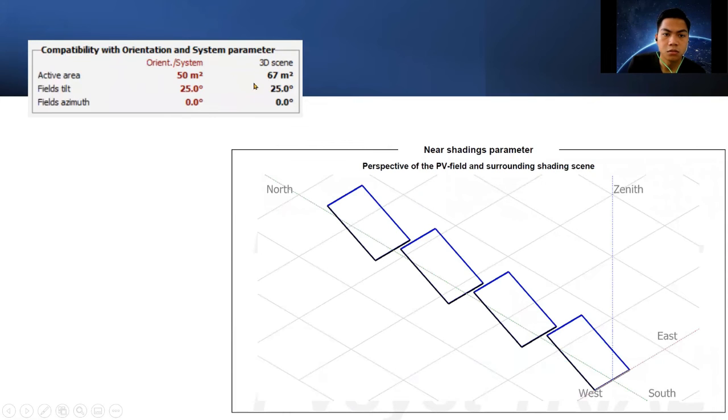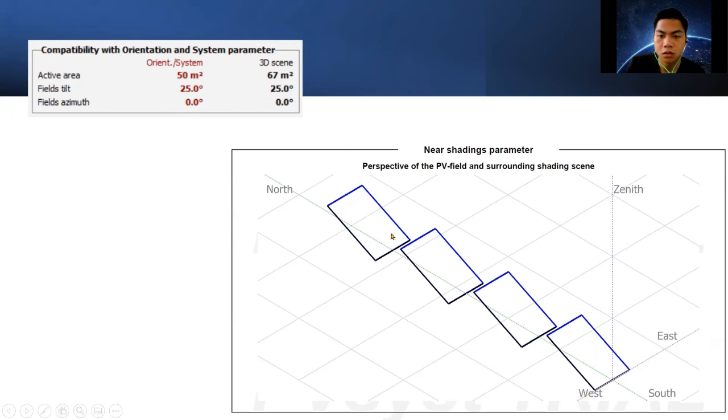But in this simulation, I designed a bit of an upper value, since it has a specific size. So with just 4 pieces of it, we get 67 meters squared.